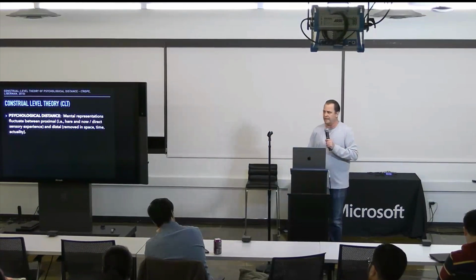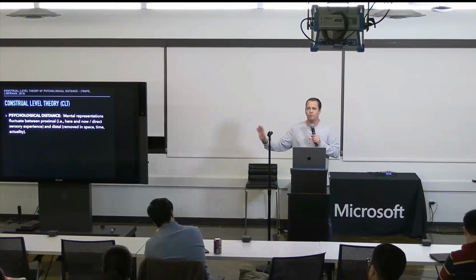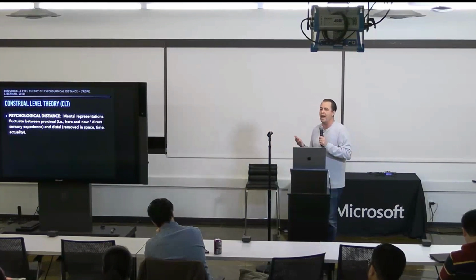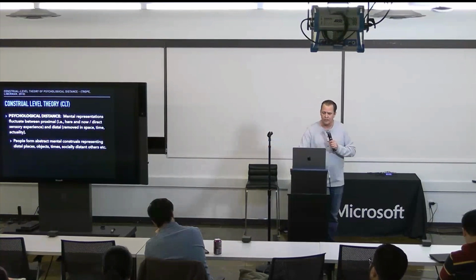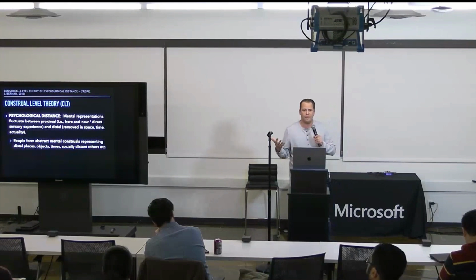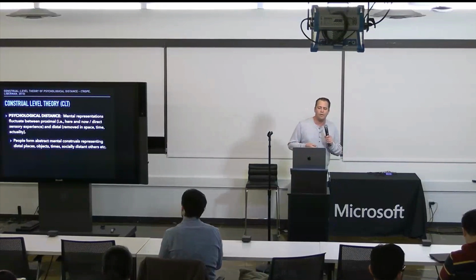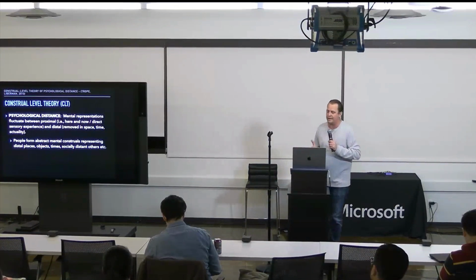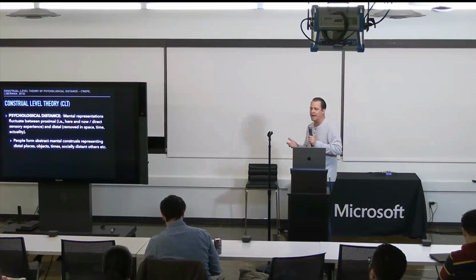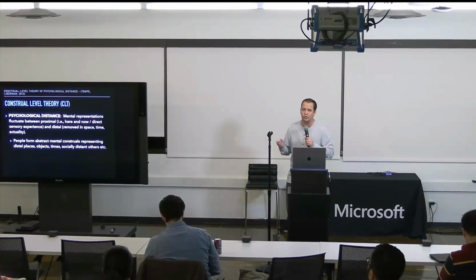And so the idea is that as things become more removed in space or time, we tend to use more of an abstract handle for thinking and considering it. And I'll give some more examples in a moment. So this is great for us because it allows us to form these more abstract mental construals that represent distant places, times, other social conspecifics, etc. And this really allows us to manage our mental simulations, right?